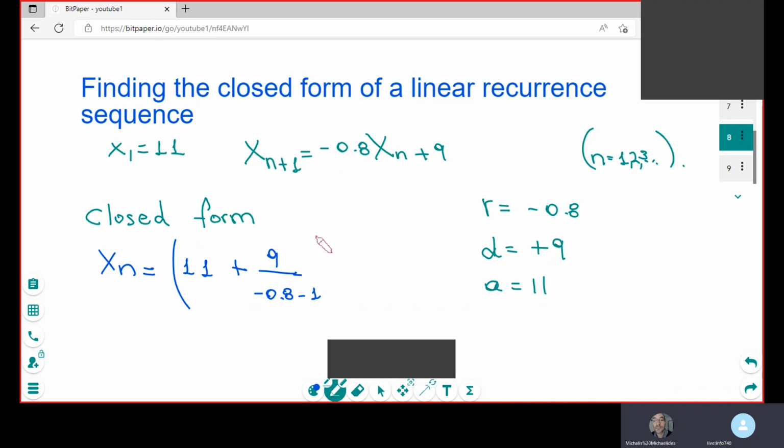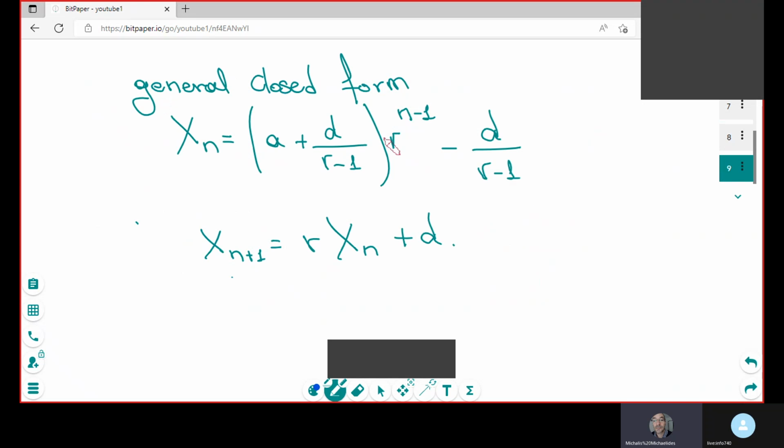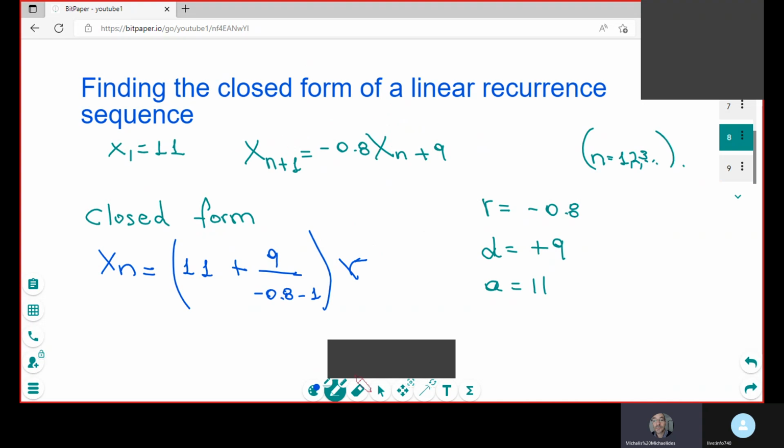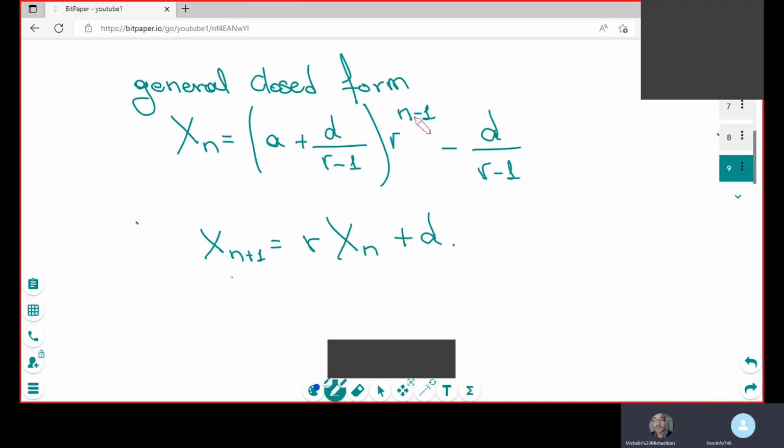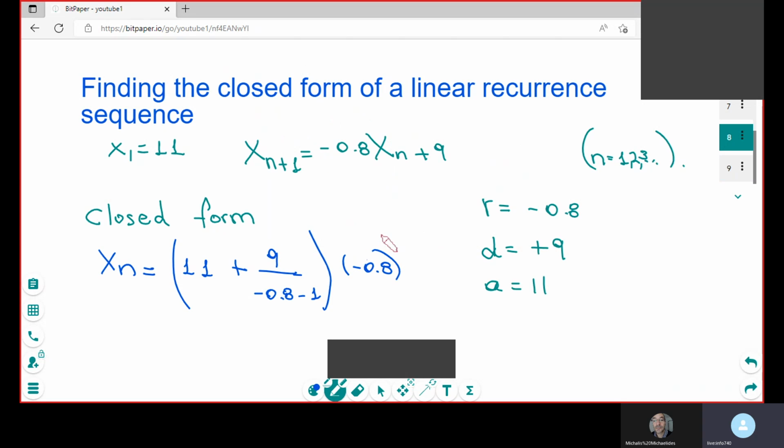I put this inside the brackets, and then outside is the r, which is minus 0.8, right here, to the power. Let's see the formula, because we need to apply exactly the formula: r to the power of n minus 1. I keep the n because I need to make it a general formula for the closed form, n minus 1.